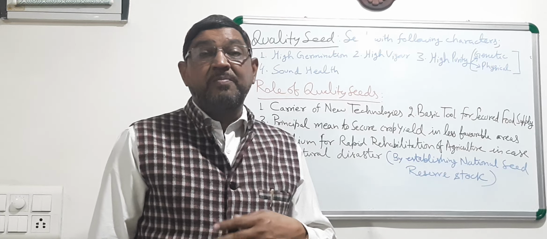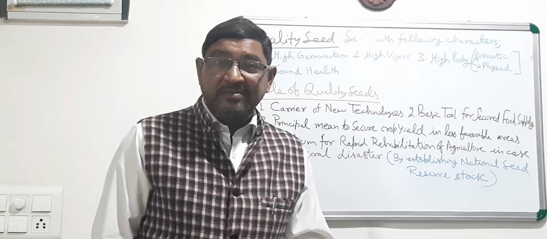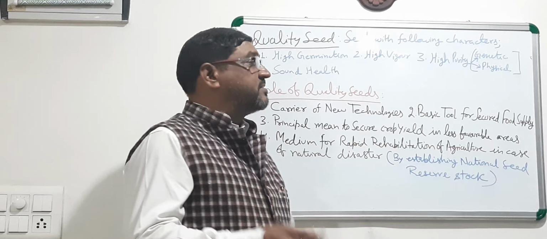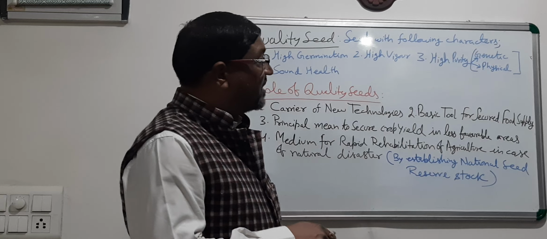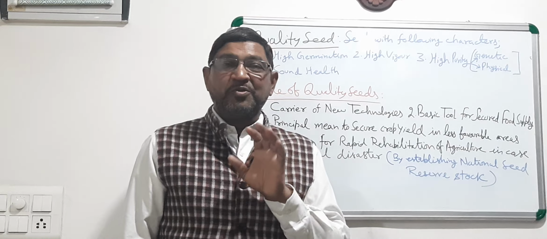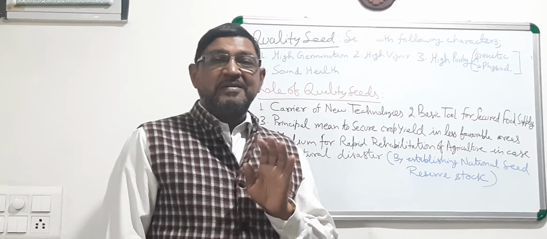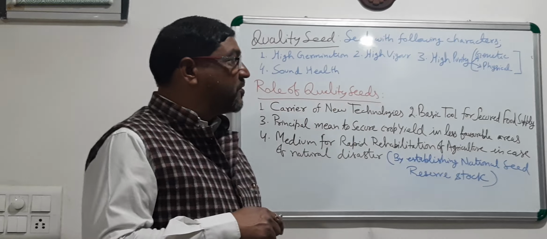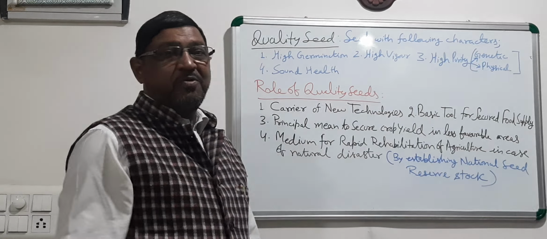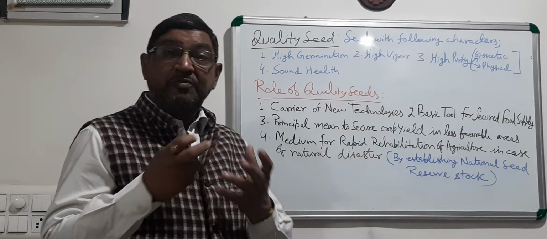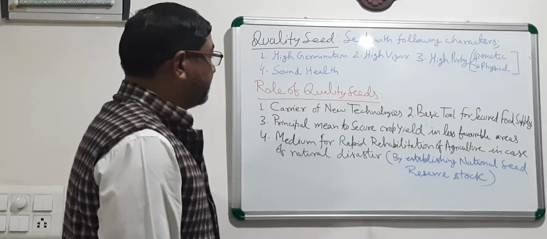It should not have broken seeds. All these things come under physical purity. So your seed lot must have high purity, that is high genetic purity and high physical purity as well.